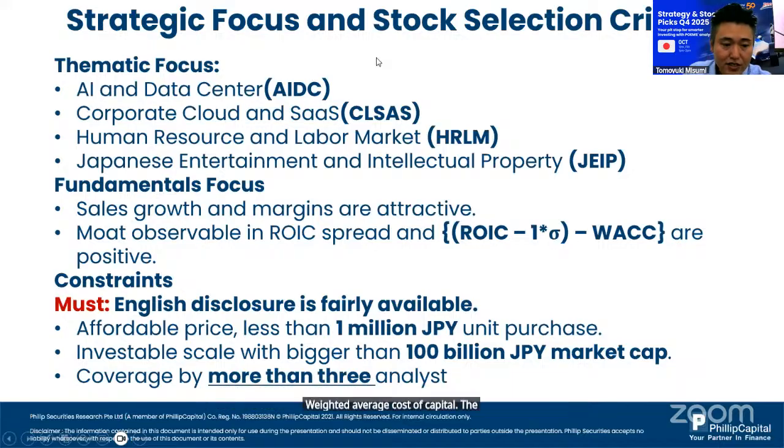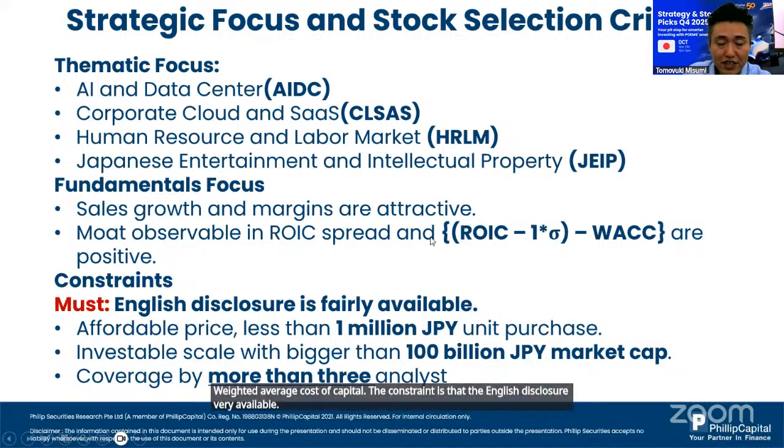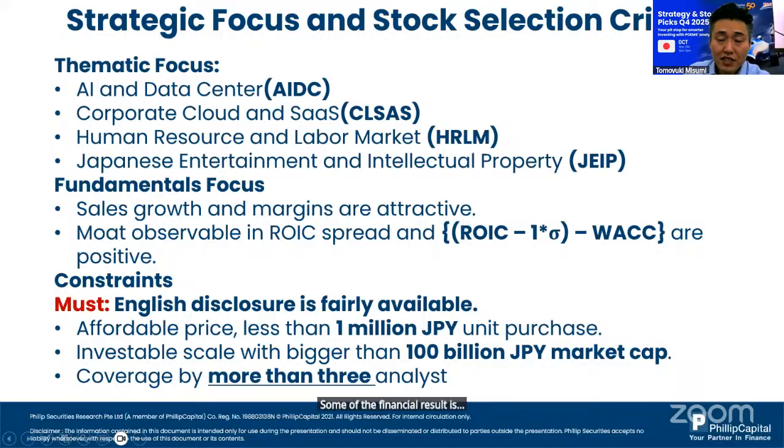The constraint is that English disclosure is fairly available. Some of the financial results are distributed on the same day in both Japanese and English, and some important material information is also available in English. And an affordable price, less than 1 million JPY per unit purchase, and an investable scale of more than 100 billion JPY market cap.